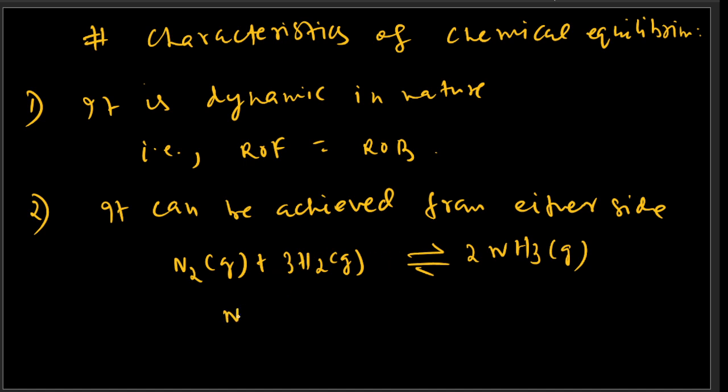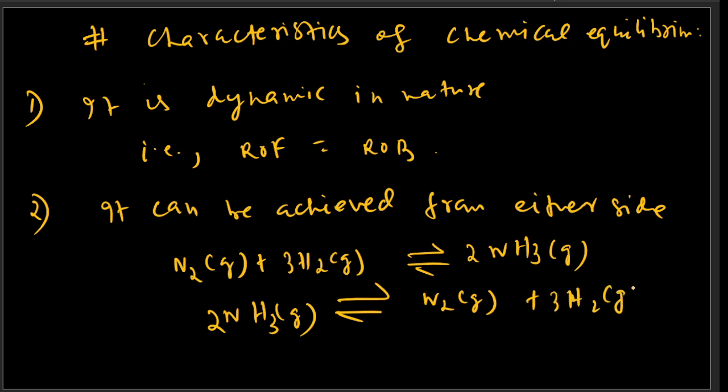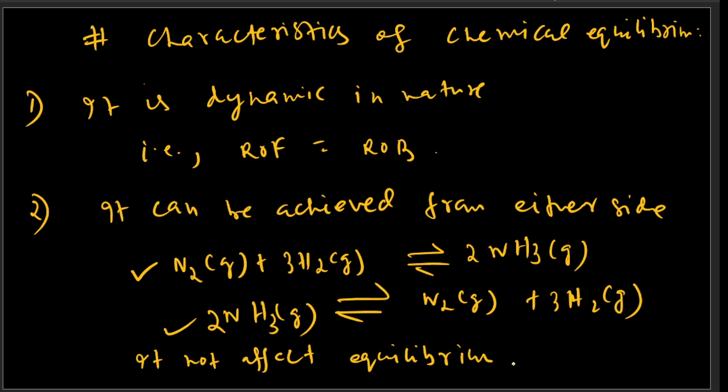So this we can write in the opposite direction, with ammonia decomposing. In both cases, it will not affect the equilibrium point. Either we express it this way or this way, it does not affect the equilibrium point. So equilibrium can be achieved from either side.